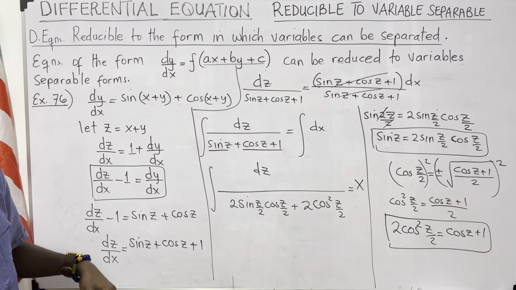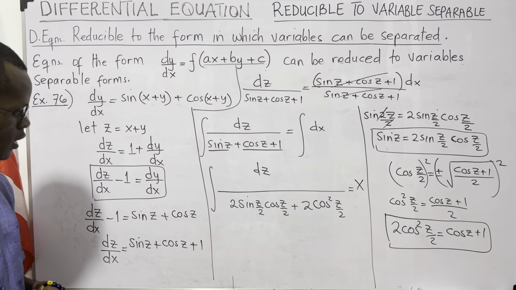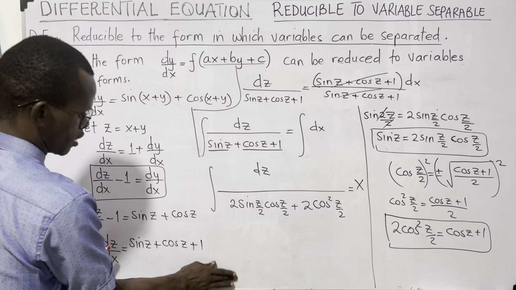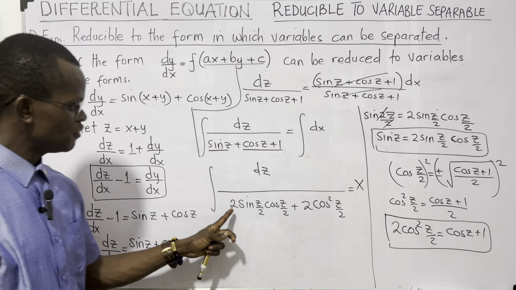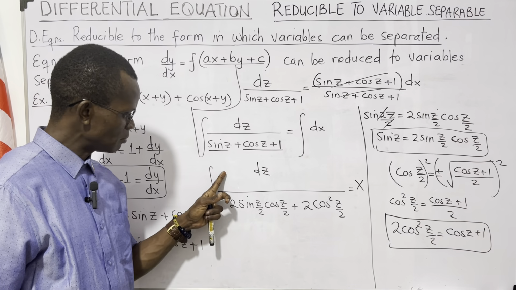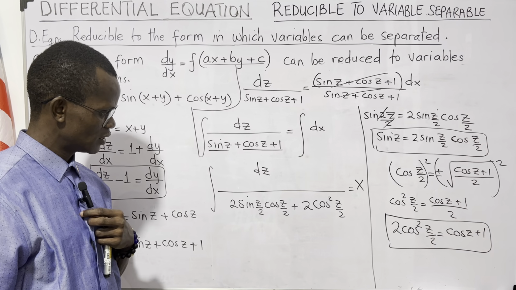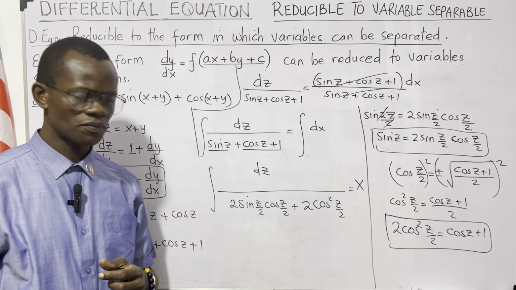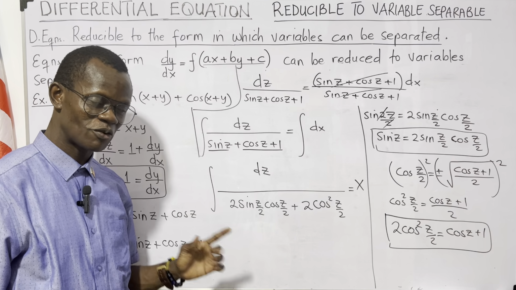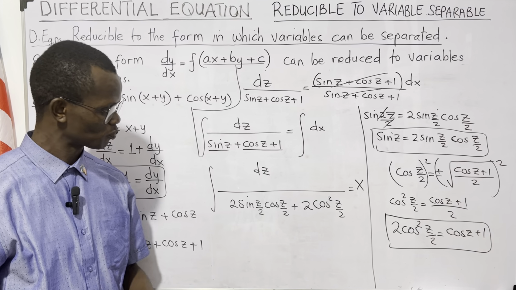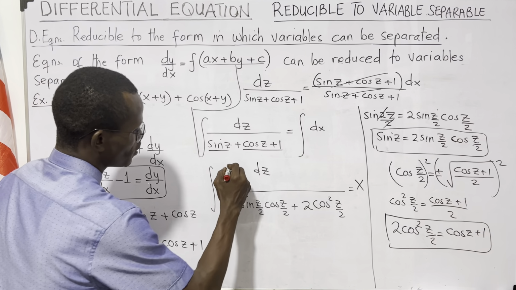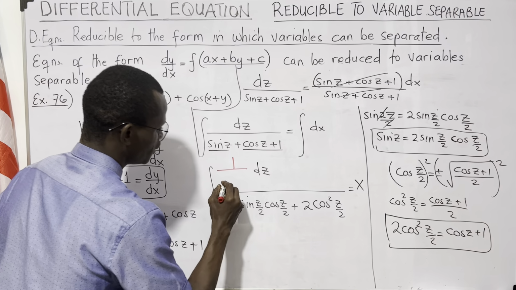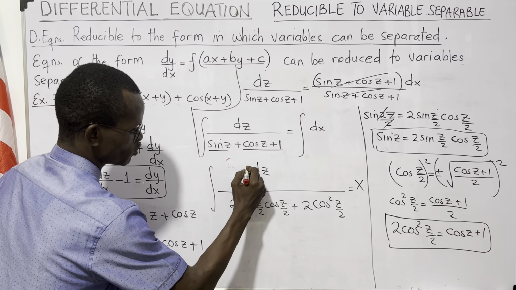this is what we need to do again. We can divide the numerator and denominator by an expression that will lead us into something that we can easily integrate. Remember, I told you there's no direct way. Now, note that if we divide the numerator, the coefficient is 1, right?